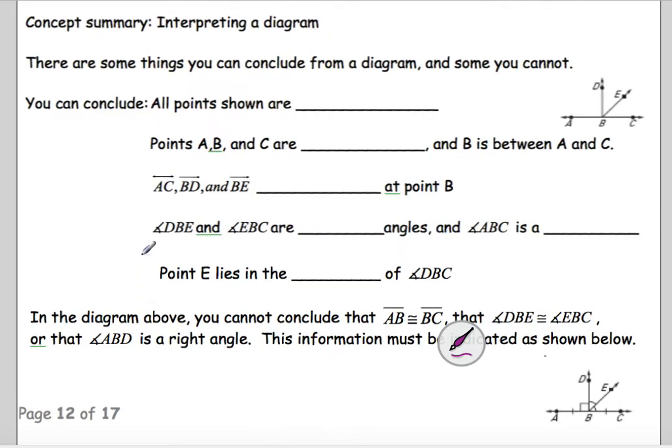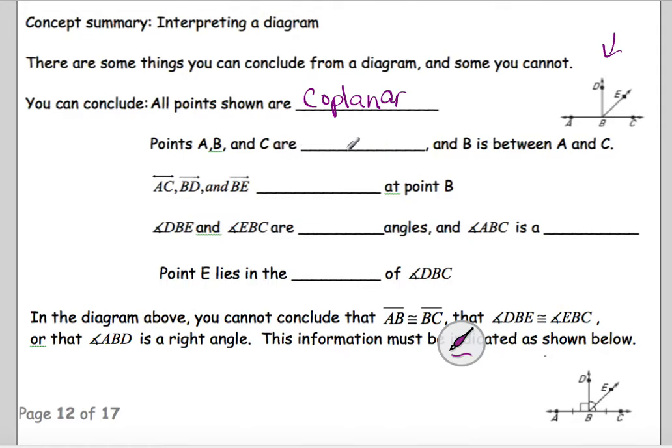So here is how you read a diagram summary, things you can assume and things you can't assume. There are some things that you can conclude from a diagram and some things that you cannot. In this image, they didn't draw a plane, but you can assume that all the points shown here are coplanar because they're all connecting.